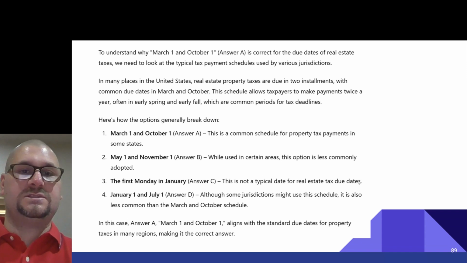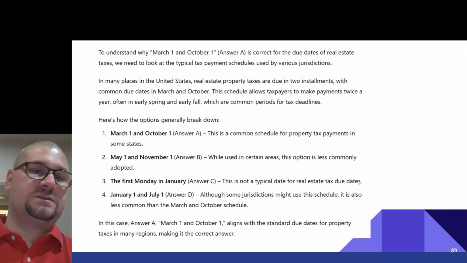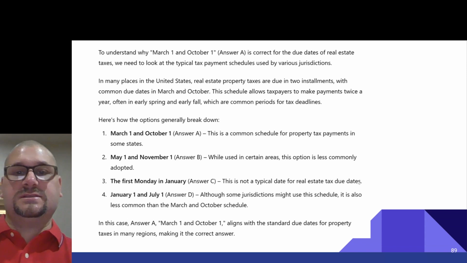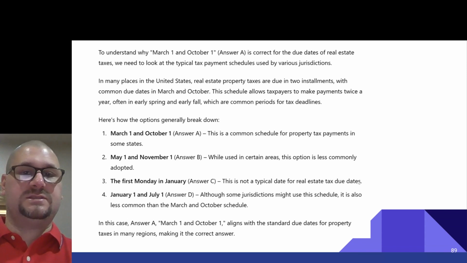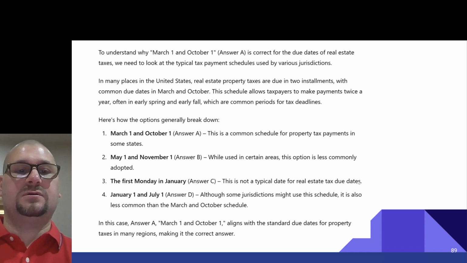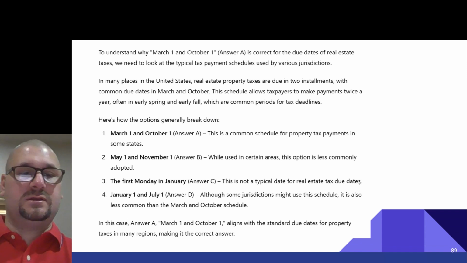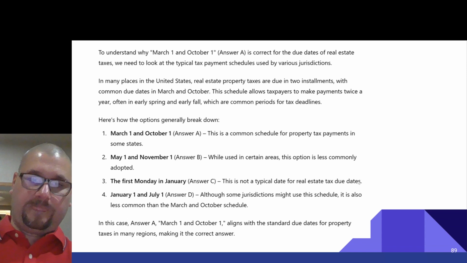Here's how the options generally break down. March 1st and October 1st is a common schedule for property tax payments in some states. A date in January is typically not a typical date.